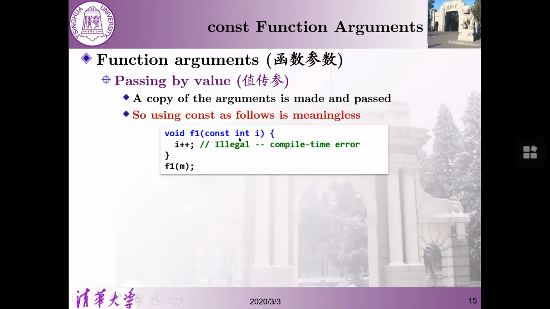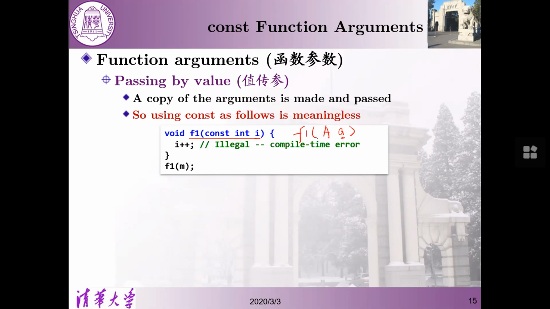For example, here, if the parameter is like this, f1 plus a, right? This is pass by value, and this is pass by value, okay?